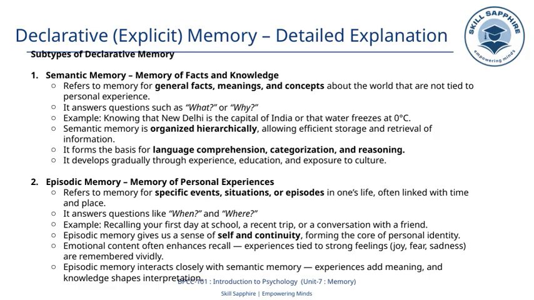It's organized hierarchically, which helps us store and retrieve information efficiently. This type of memory forms the foundation for language understanding, categorization, and reasoning. Interestingly, semantic memory develops gradually over time through our experiences, education, and exposure to different cultures.